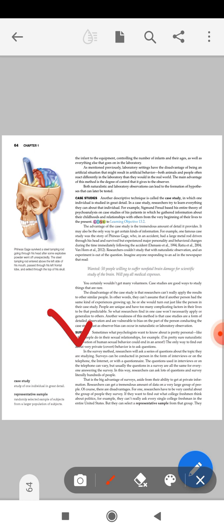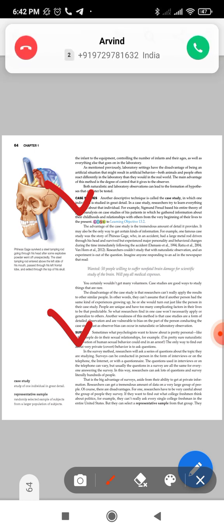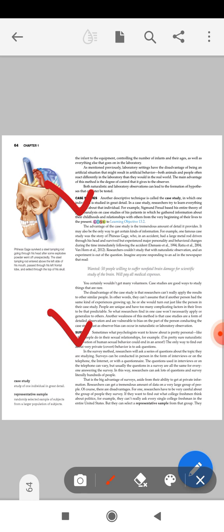That will be ethically wrong. And case studies also, because you cannot ask someone in front of you what you feel during our relationship, etc. So how to study such types of incidents or events?